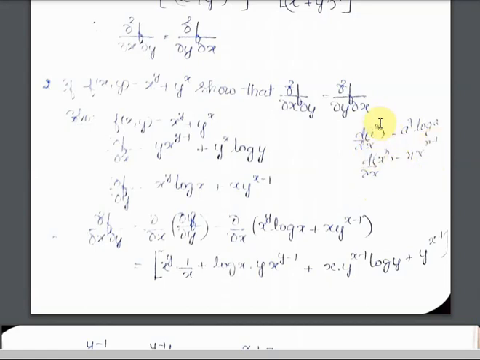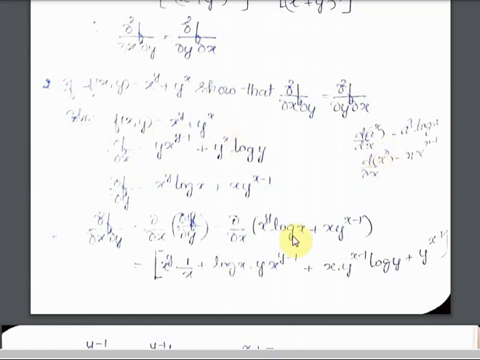One is constant to the power of variable and one is variable to the power of constant. Why do I need this? Because when I have x and y both on the power as well as on the base, and I'm going to differentiate keeping one of the variables constant, both the cases will arise for me. Base can sometimes be a constant and power can be a variable, or power can be a constant and base can be a variable.